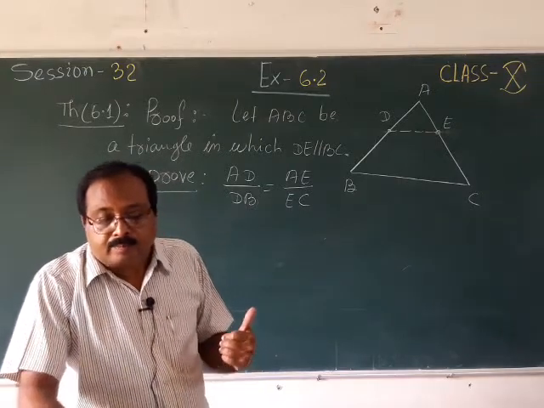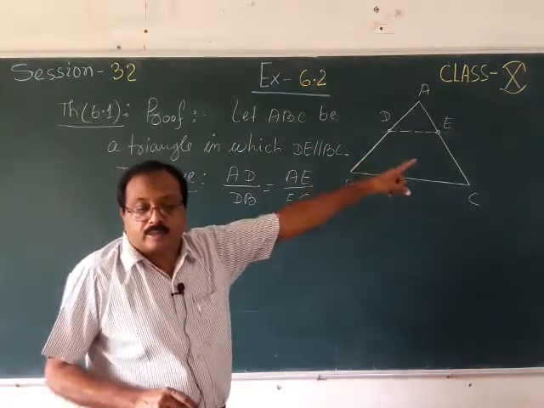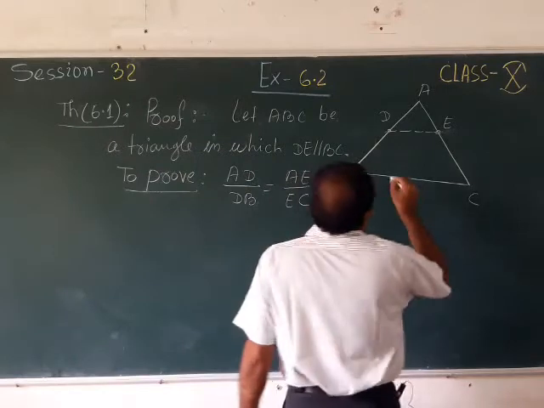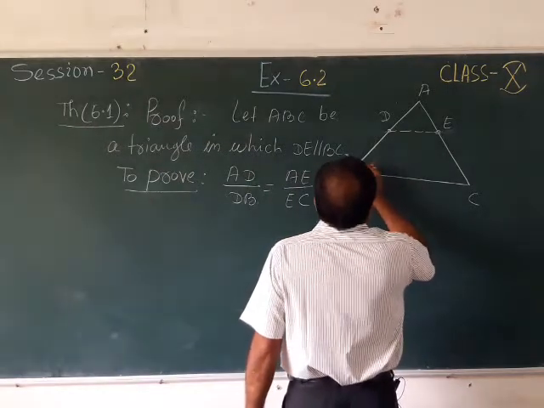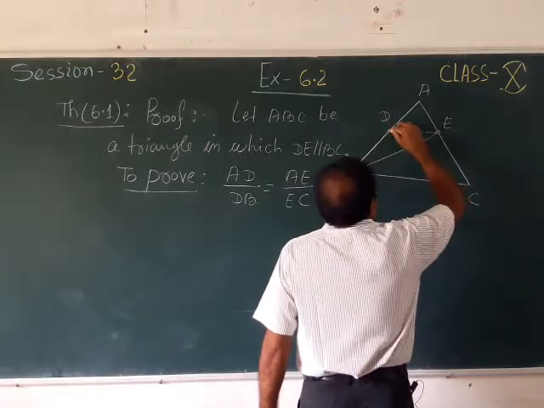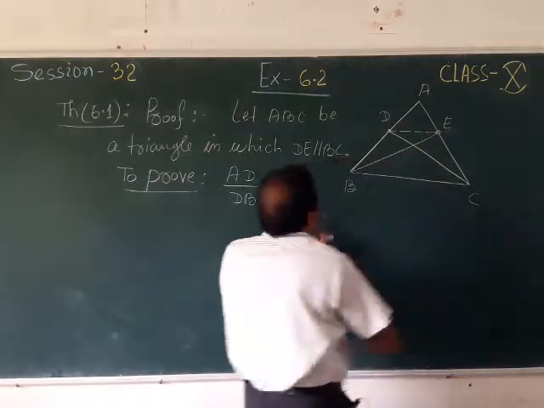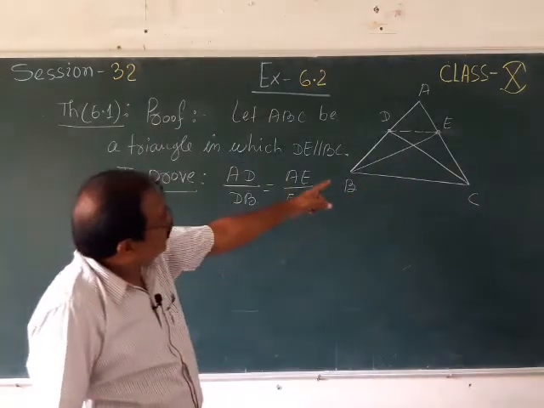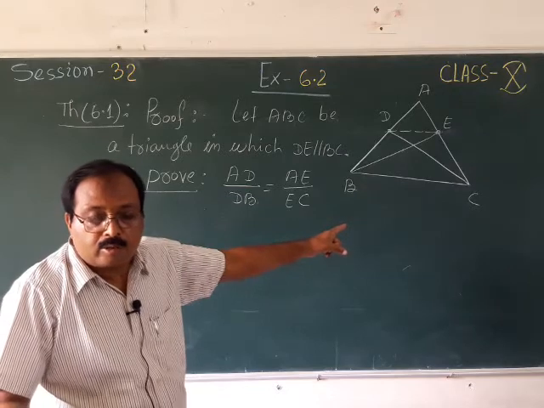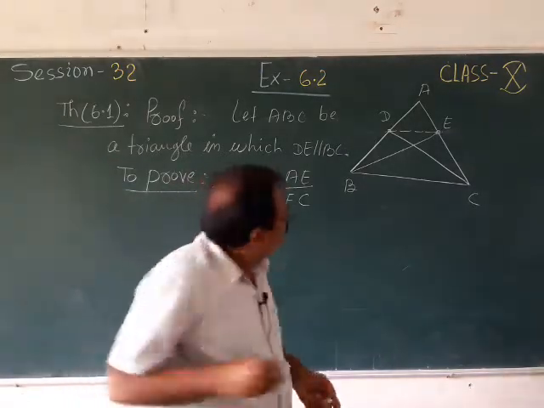First you need to join B to E. Join BE, then join DC. Okay, first of all join BE, then join CD. Then draw the perpendiculars. What perpendiculars?